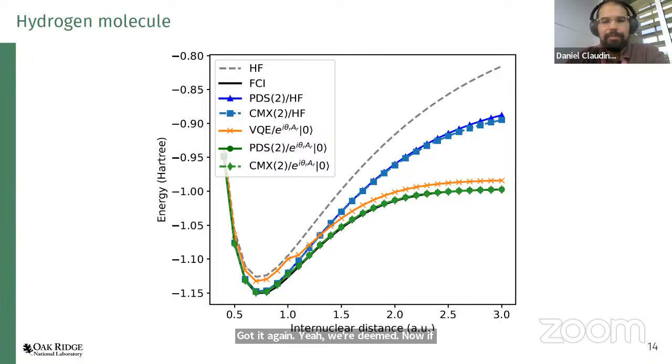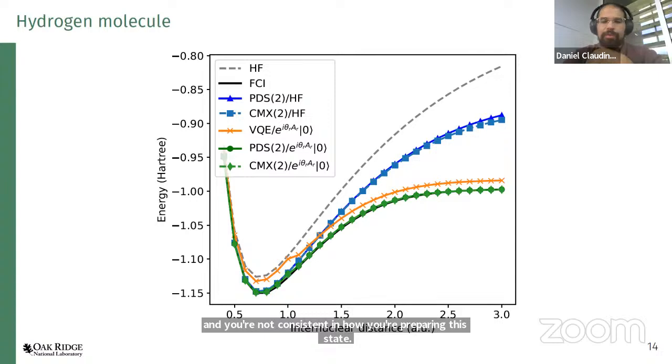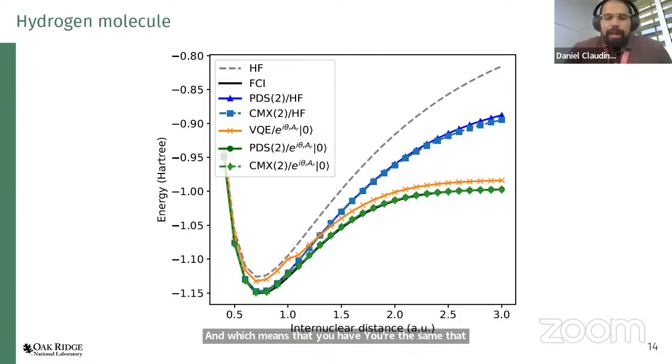Now, if we only did VQE, which would be the first order of this expansion, we see that it tracks the curve relatively well, and there is a consistent difference. And there is also, in the middle around 1, this kink of sorts, which has to do with the fact that you're selecting different operators and you're not consistent in how you're preparing this state, which means that the state you're preparing that way is not balanced throughout.